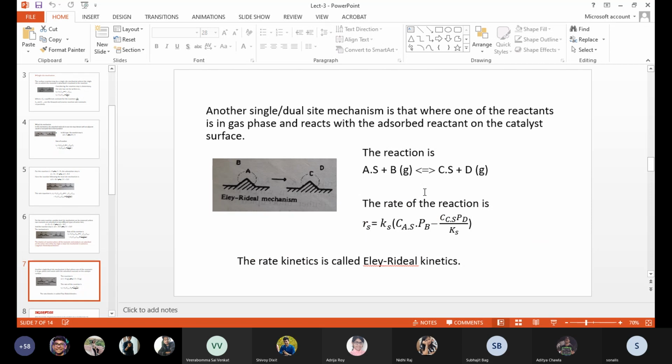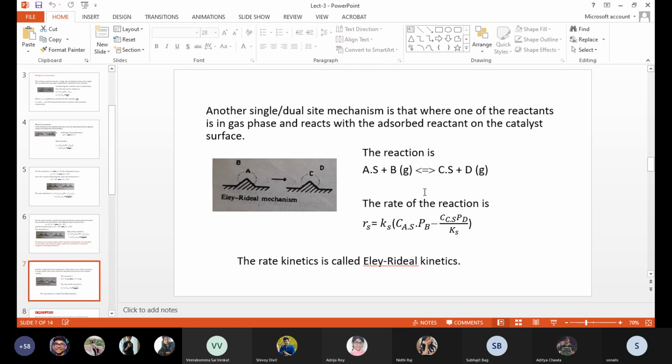Another single or dual site mechanism is that where one of the reactants is in the gas phase and reacts with the adsorbed reactant on the catalyst surface. Say we have two different reactants, A and B. A is adsorbed, but B is not adsorbed. B is in the gas phase, and being in the gas phase, it reacts with the adsorbed species of A to produce the product.